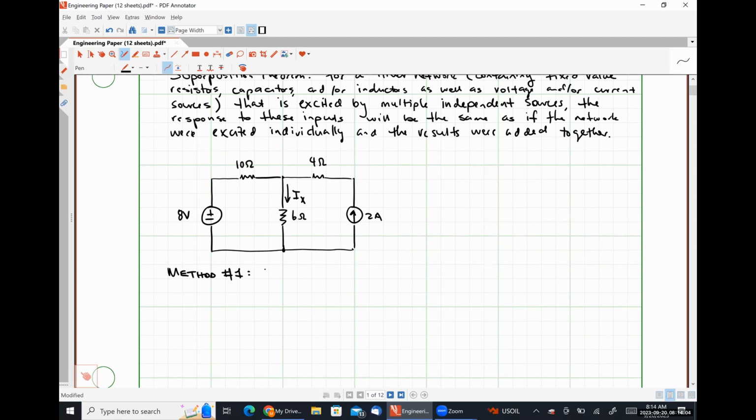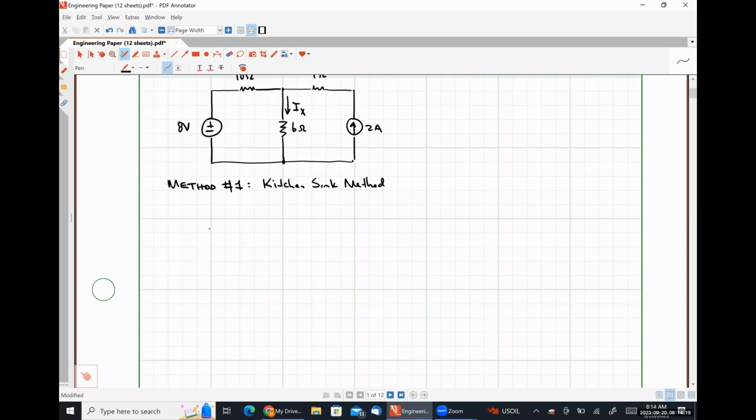Our first method is what I'm going to call the kitchen sink method, because we're just going to throw all of the circuit analysis techniques that we know at it and see what sticks. So I'm going to redraw my circuit.